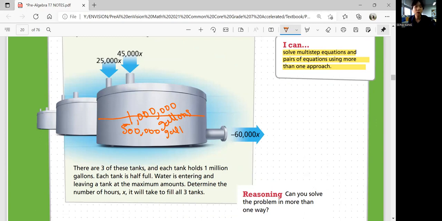So right now, all three tanks are just halfway full. But they're going at the same speed with the two pipes over here and going out at the same speed with one pipe. So you can see that the water is going to be filled in at the rate of 25,000 per hour and 45,000 per hour.